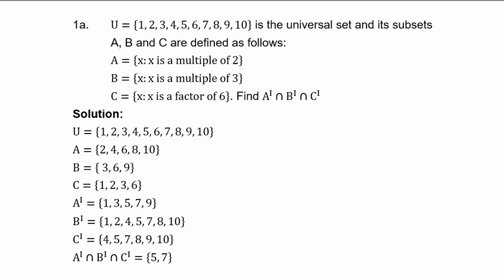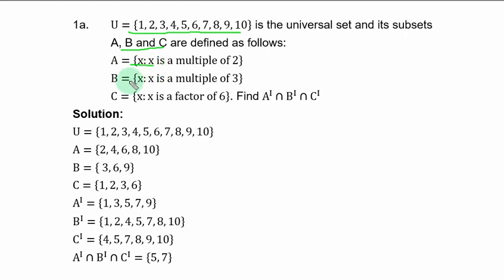Question 1A. U is the universal set, and its subsets A, B, and C are defined as follows. A is the set with element S such that S is a multiple of 2.